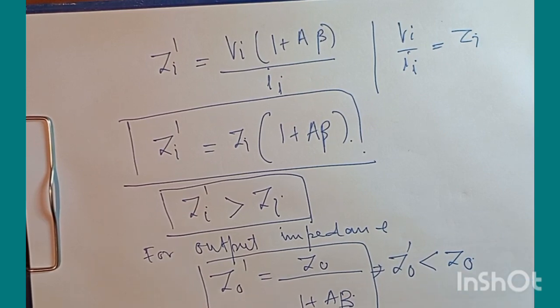So in this case, the impedance is going to decrease, which is ideally good for an amplifier, to have a large input impedance and a small output impedance.